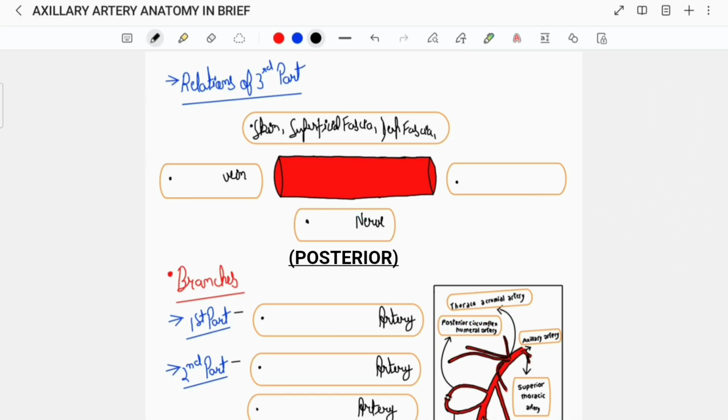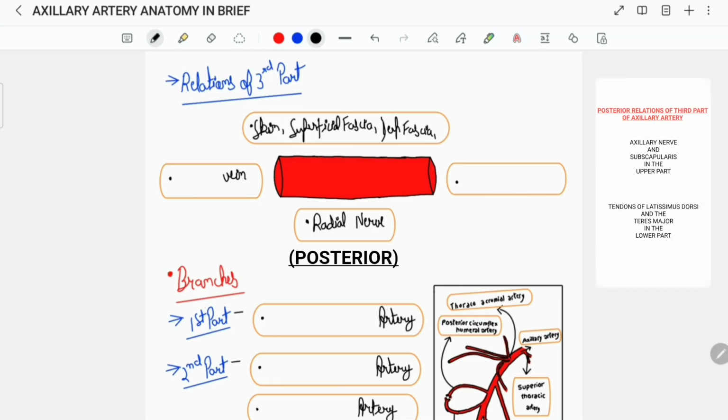Posteriorly, the third part of axillary artery is related to the radial nerves. Also, the third part is related posteriorly to the axillary nerve and the subscapularis in the upper part and tendons of latissimus dorsi and teres major in the lower part.